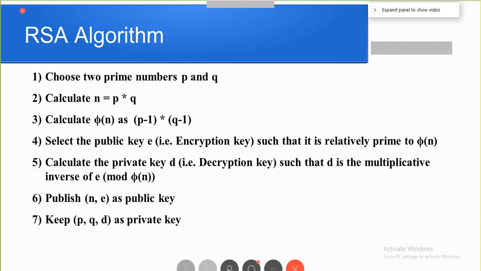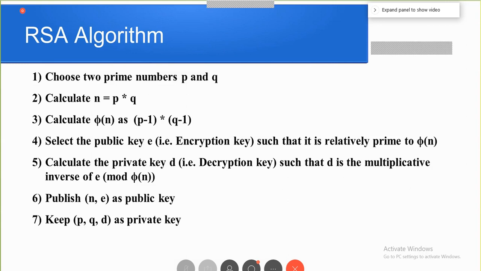Then calculate the private key d from this e. What is the property of d? It is the multiplicative inverse of e mod phi of n. We can use the extended Euclid algorithm to find the multiplicative inverse of e mod phi of n.